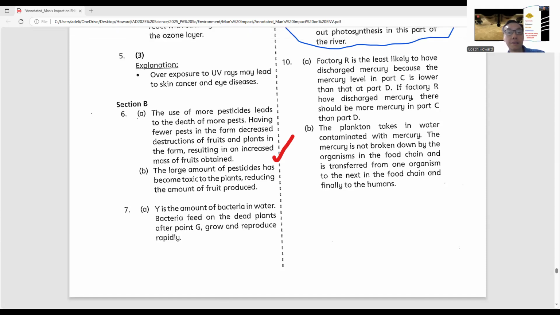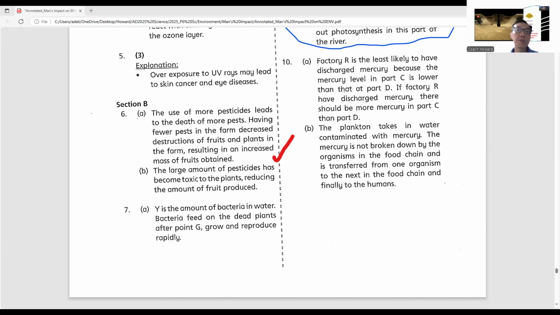Okay, so part B, if you use more than the optimal amount, they say suggest a reason why the mass of fruit decreases when an even larger amount of pesticide is used. Okay, if you use too much pesticide, it will become toxic to the plants.